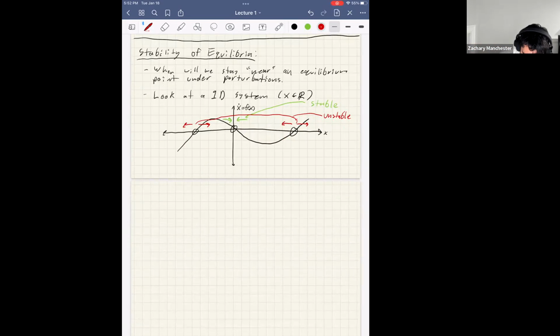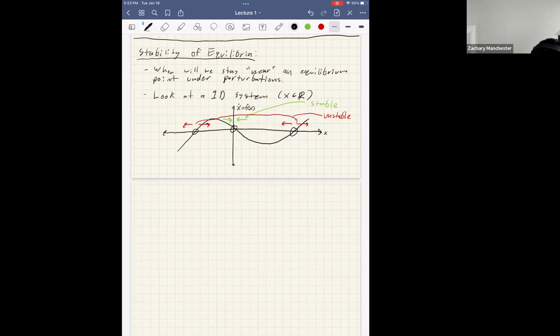Cool. So we're now going to take this really intuitive picture and generalize it to n dimensions almost trivially. What we're going to do is look at the slope of f of x. What we did here is we reasoned about whether x dot is positive or negative on either side. So if we look at the slope of f of x in the neighborhood of the equilibrium point, you'll notice in the stable case, the slope is negative.